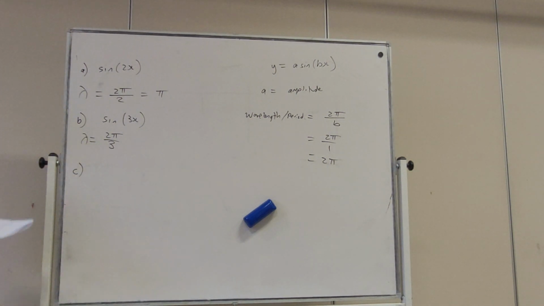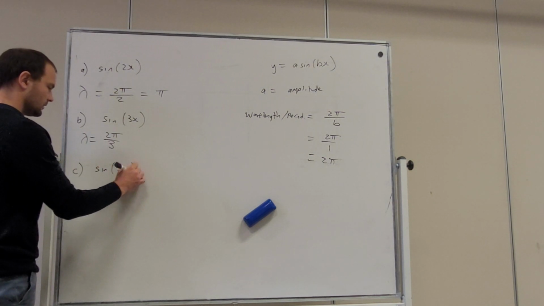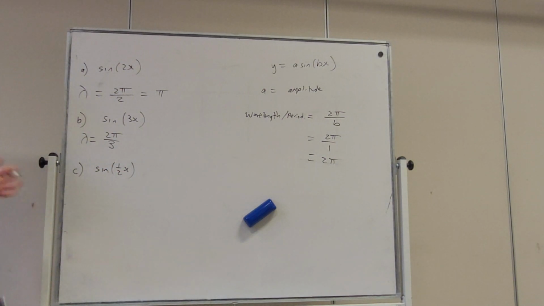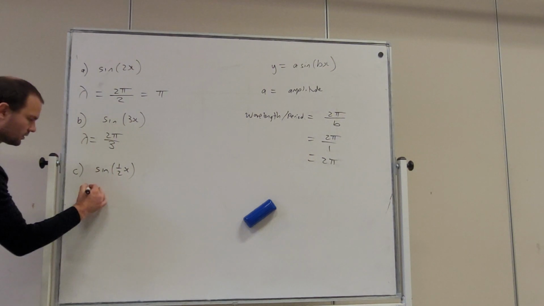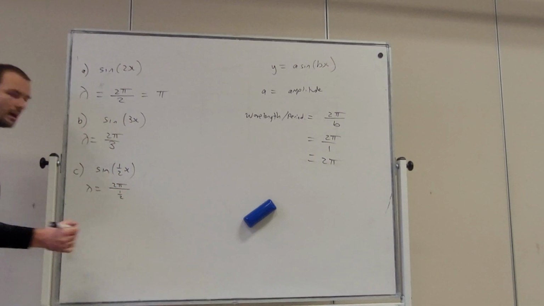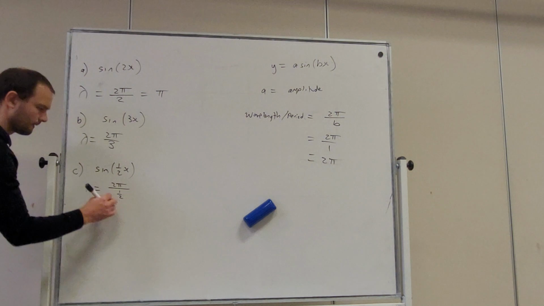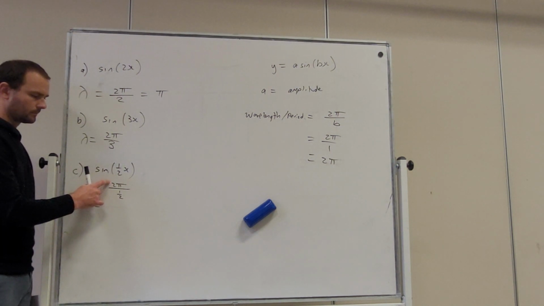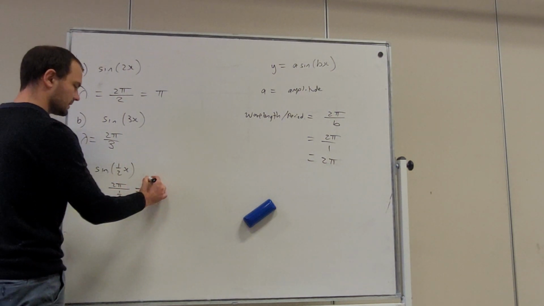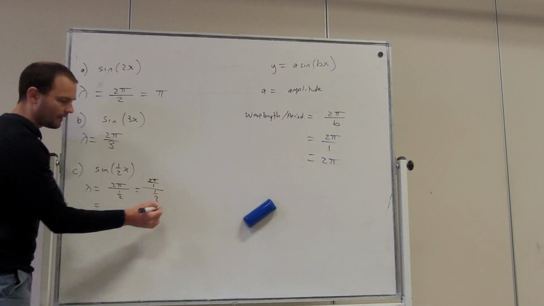Okay, on to C. We have the function sine of half x. All right, so the wavelength is going to be 2 pi divided by half. Remember how we described it previously? It's 2 pi on 1, that's what's at the top, divided by half.